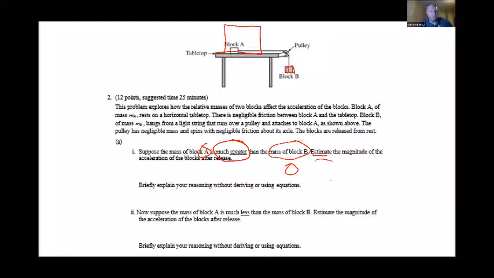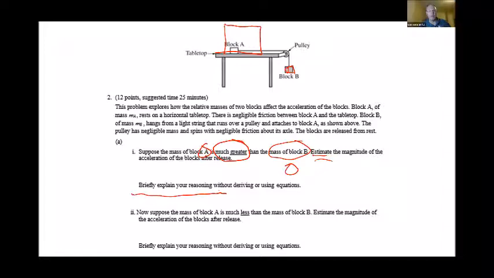The acceleration is going to be near zero. But then notice you've got to explain your reasoning. And notice it says without deriving or using an equation. They want you to actually use some words here. So I would say the acceleration is going to be near zero because the mass of block A is much greater than the mass of block B, and therefore the net force acting on the system is near zero. That's really all it takes.